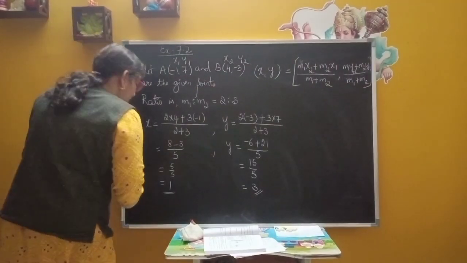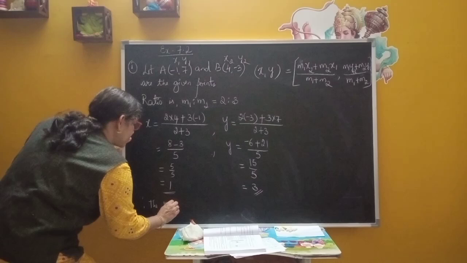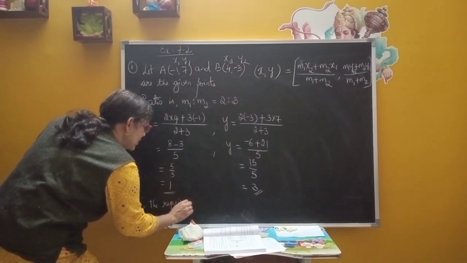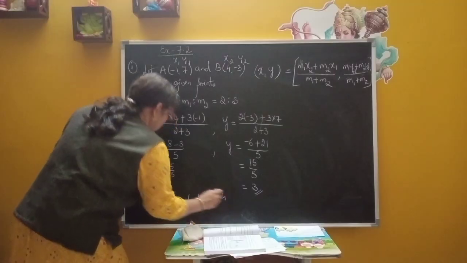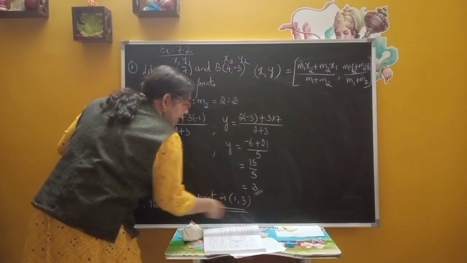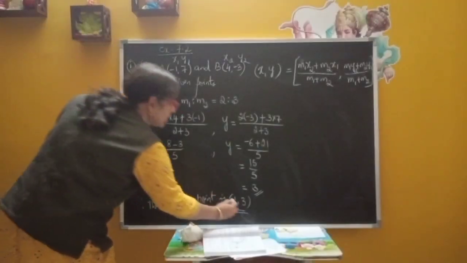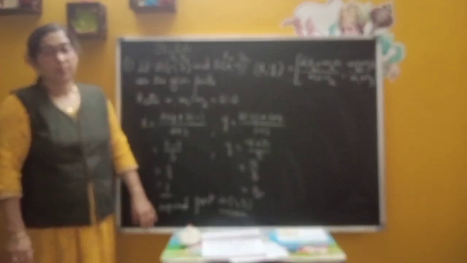So the required point is (1, 3). Always coordinates must be written inside the bracket like this. So (1, 3). Okay, very simple problem.